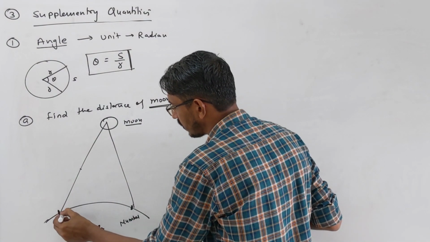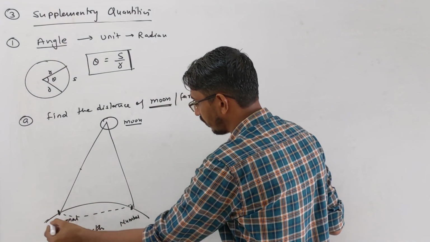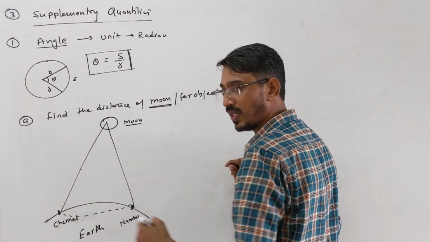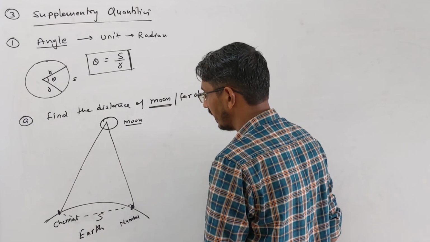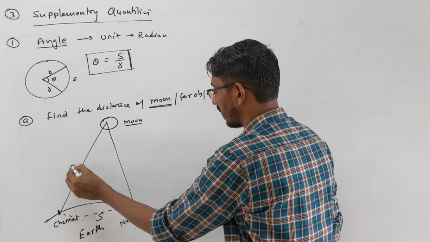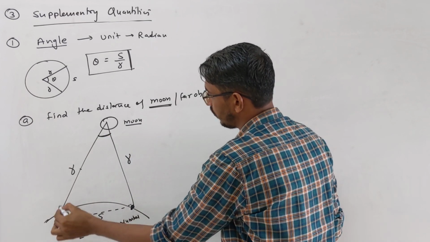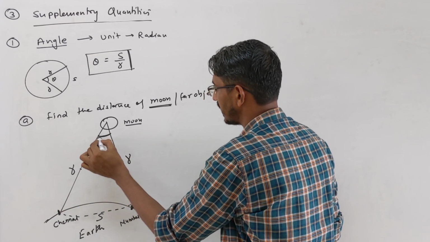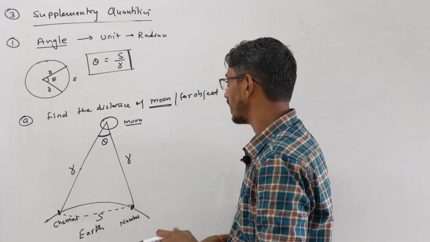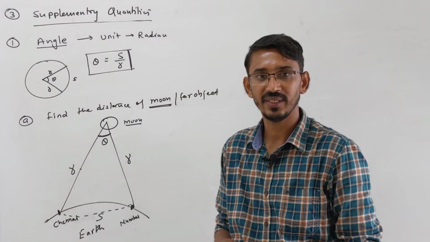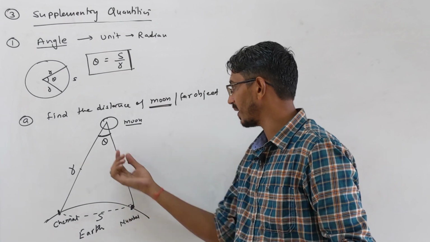The distance between these 2 places we know. Let's call that s. Distance of the moon, let's call it r. This is the angle made between these 2 points, this angle subtended, that we can measure with the help of our instrument, a telescope or whatever we are using.